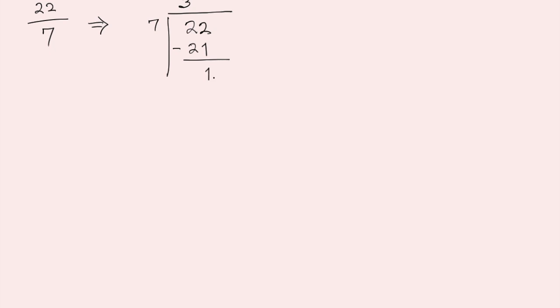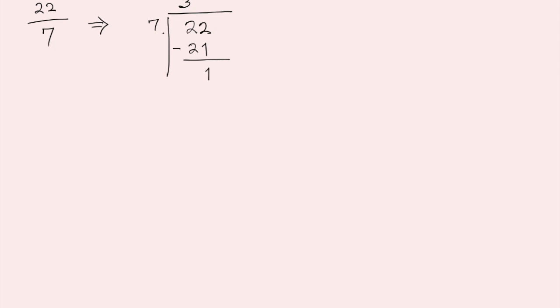So let's keep on converting fractions. Let's try out this particular case where we have 22 over 7. And that's going to be 22 divided by 7. Now, 22 divided by 7, 7 can divide 22 3 times. 3 times 7 is 21. 22 minus 21 is equal to 1.